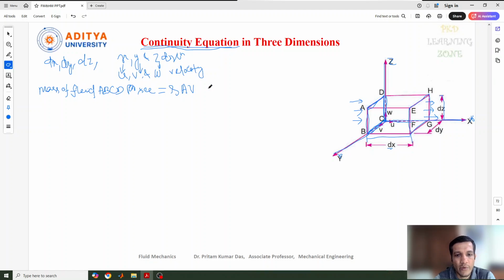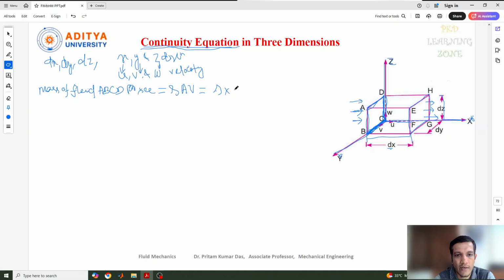So rho A V is nothing but the density of the fluid which is coming inside here, the area of this ABCD, and the velocity in this direction. So we can write the density rho, and the area of ABCD. The area of ABCD is the length of BC times the height CD, that is dz and dy.